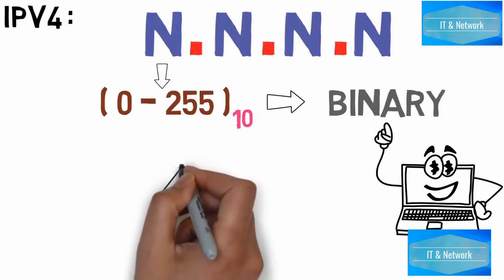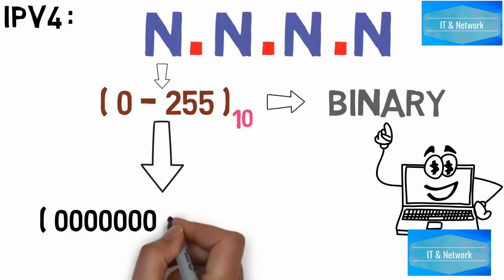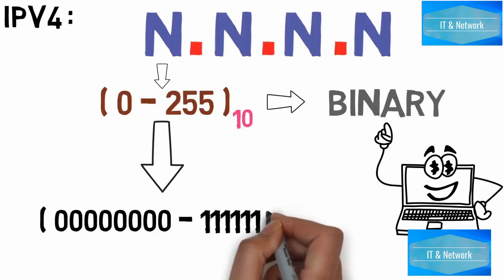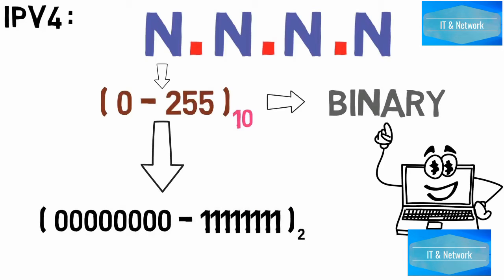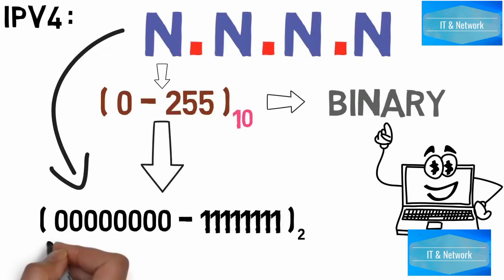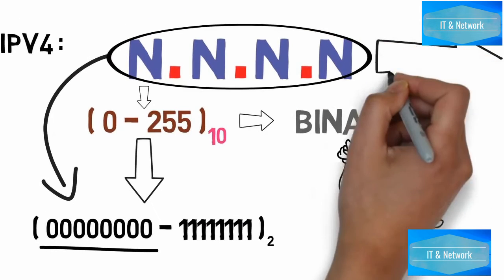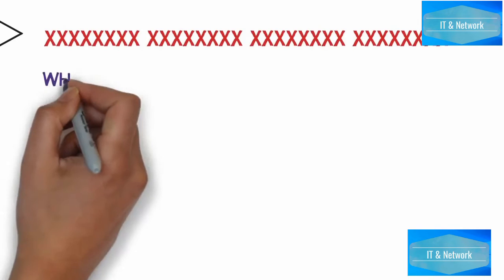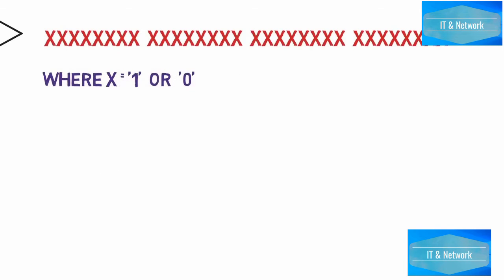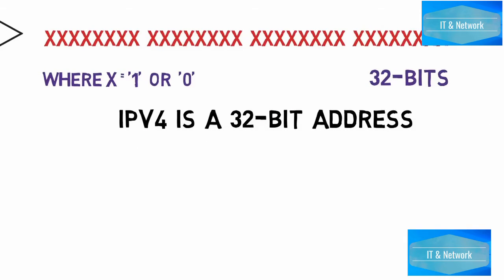Therefore, in binary, this range can be written as 0000 0000 to 1111 1111. Since each number is represented by a group of 8 binary digits, the whole IPv4 address is represented by a sequence of 32 ones and zeros, or simply I should say by a sequence of 32 bits. So IPv4 is a 32-bit address.